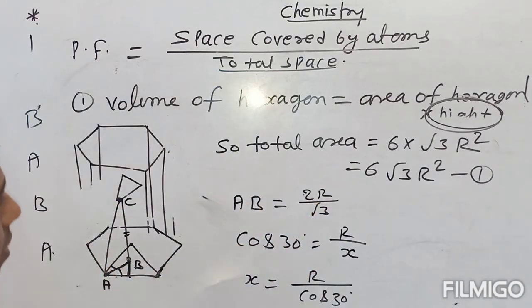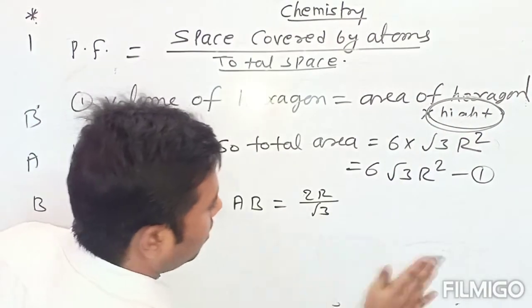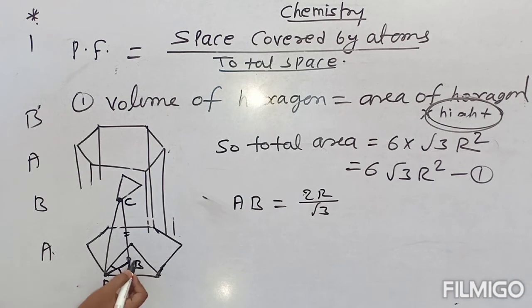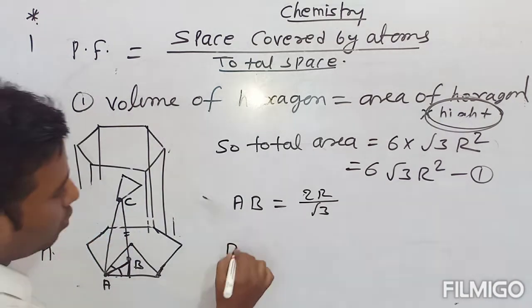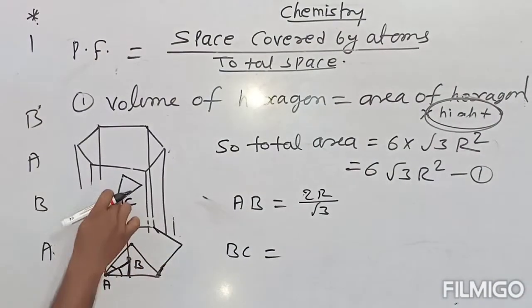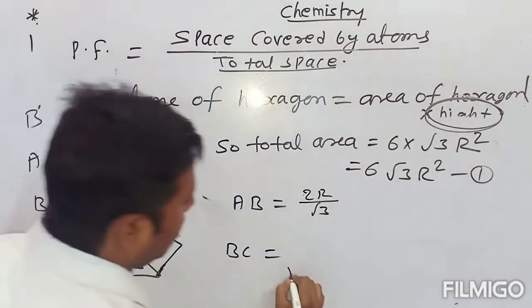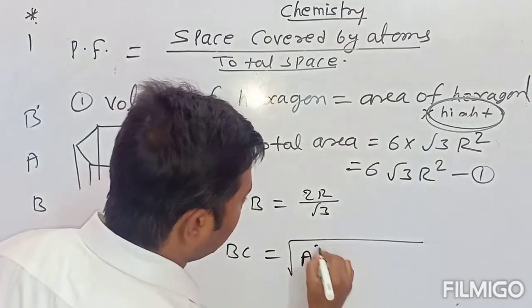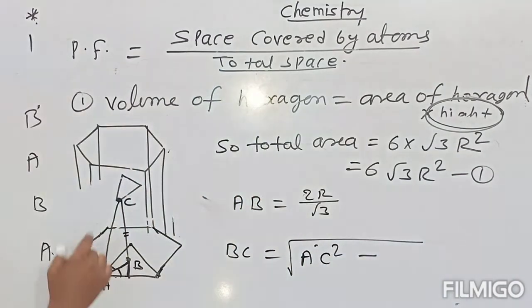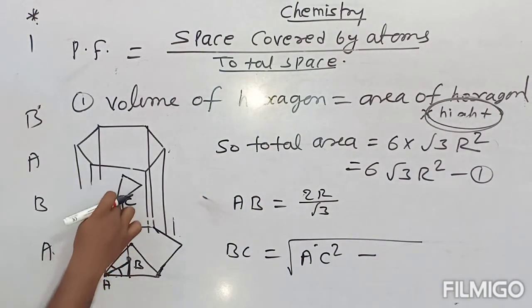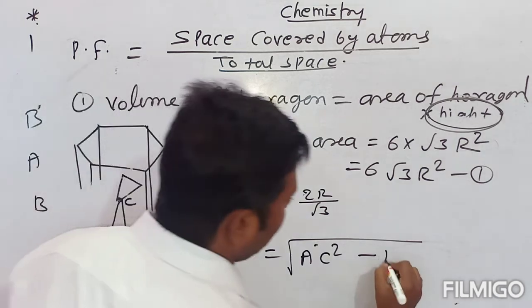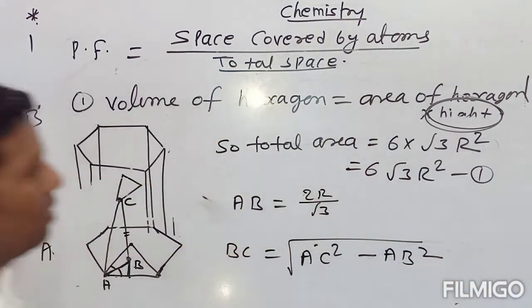Now the length BC is equal to under root AC square minus AB square.